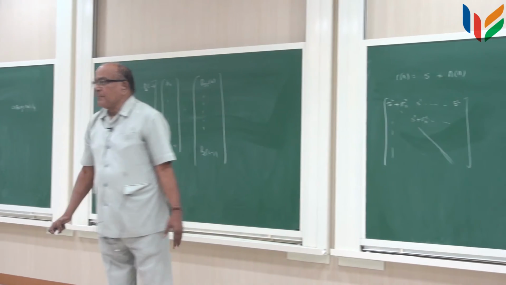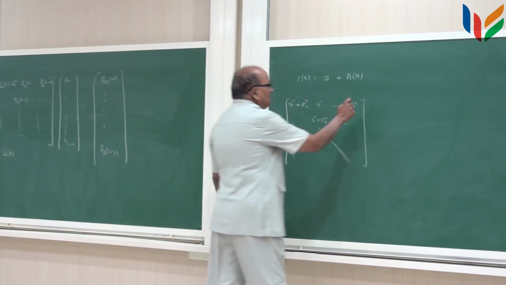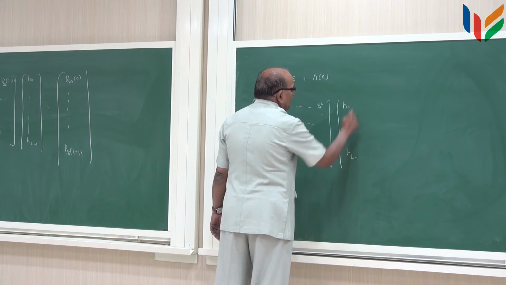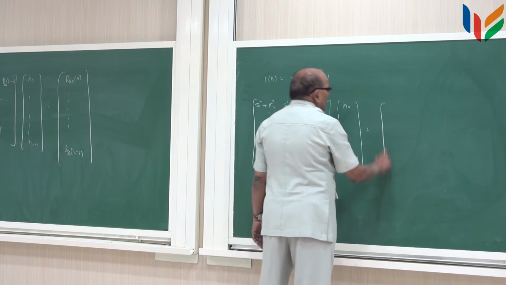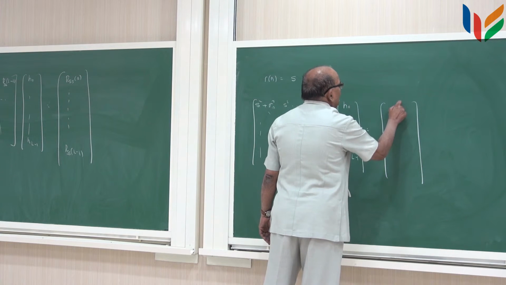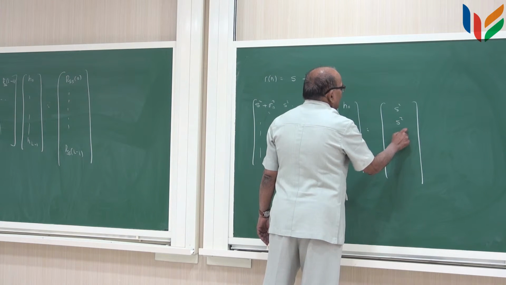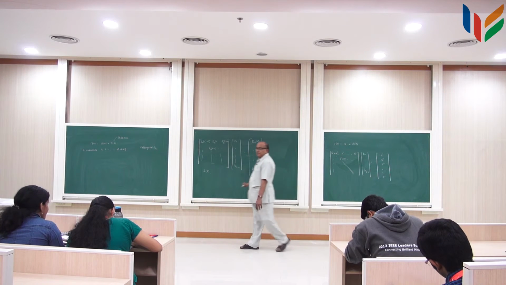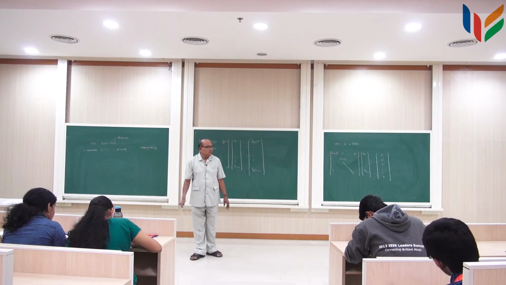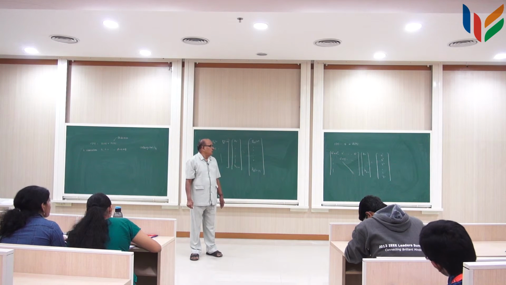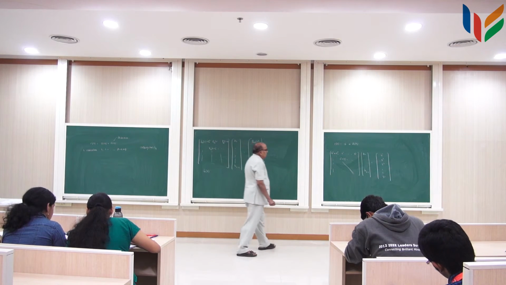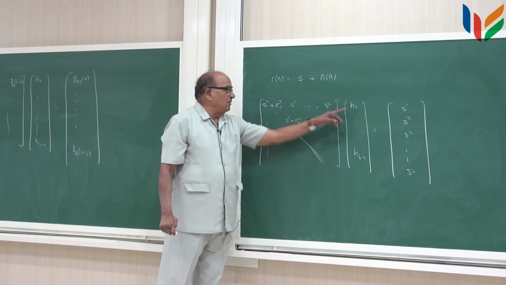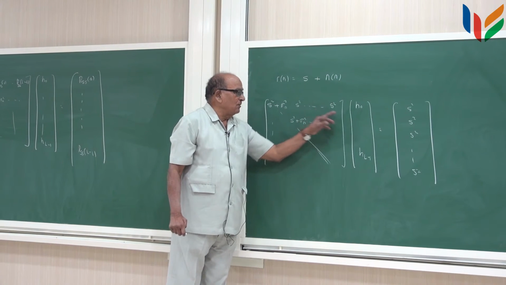Are you with me? This multiplied by H0 to H L minus 1 is equal to, again here S square, all these are the same. If you now observe here, this into H0 plus this into H1 plus this into H2, and so on and so forth.